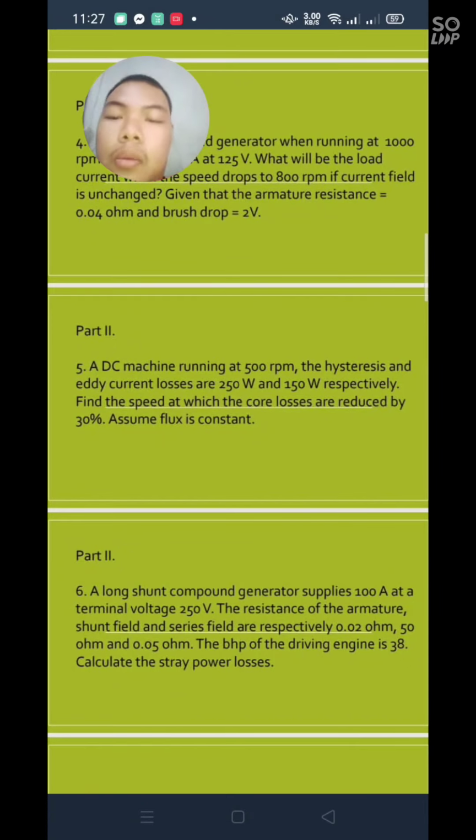So number 5. A DC machine running at 500 RPM, the hysteresis and the eddy current losses are 250 watts and 150 watts respectively. Find the speed at which the core losses are reduced by 30%. Assume flux is constant.